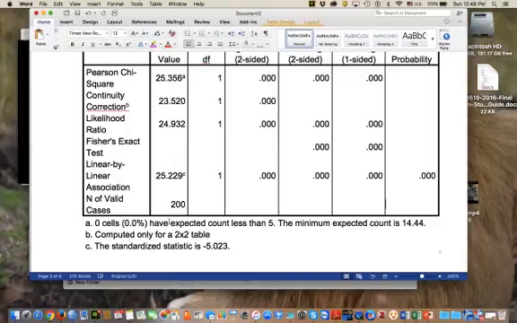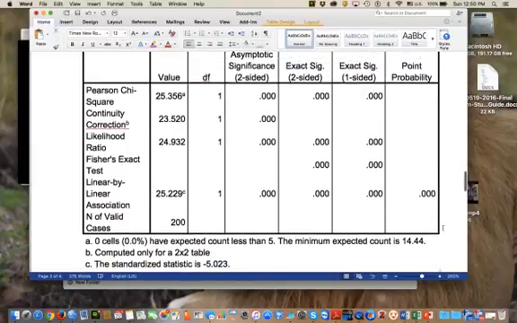In other words, there is a significant difference in the pattern of response. The minimum expected count is 14.44, computed only for the 2x2 tables. So that means we're not using the exact sig one-sided table.